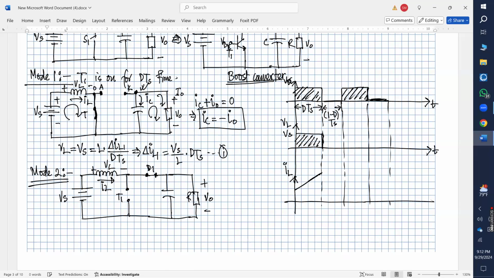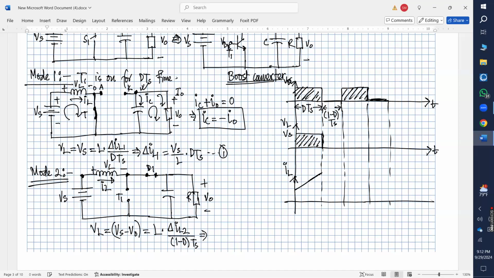Now what would be the voltage across the inductor? VS minus V naught. VL is nothing but this terminal is connected to VS and this terminal is connected to V naught, so it should be VS minus V naught. That should be equal to L multiplied by, since actually this term should be negative, and I will explain why, del IL2 over 1 minus D multiplied by TS.